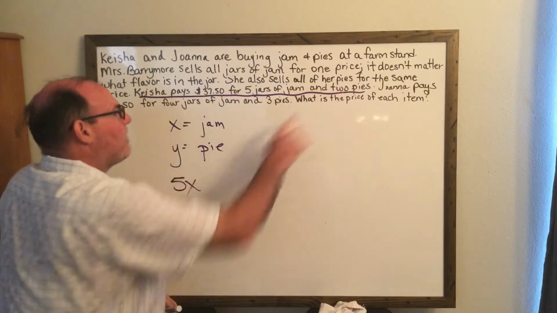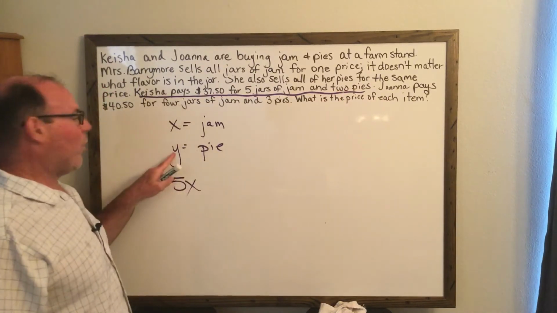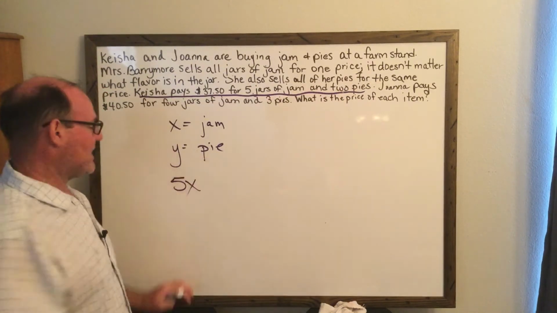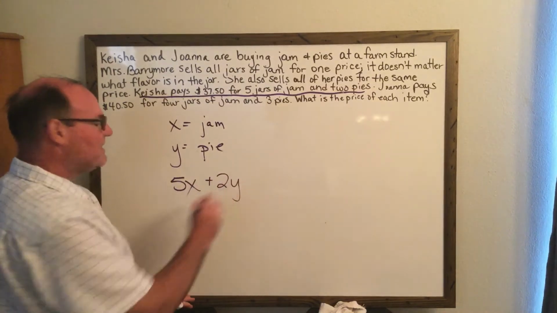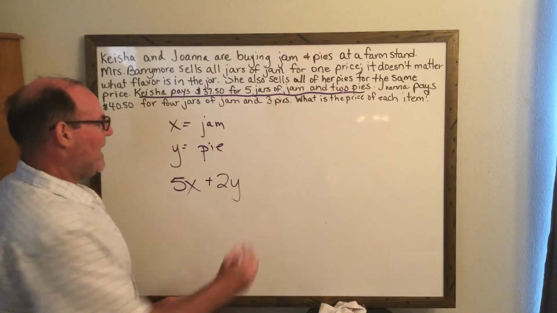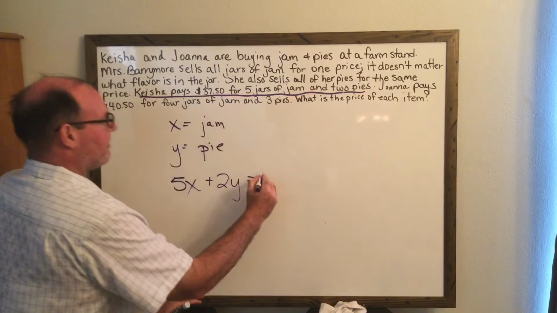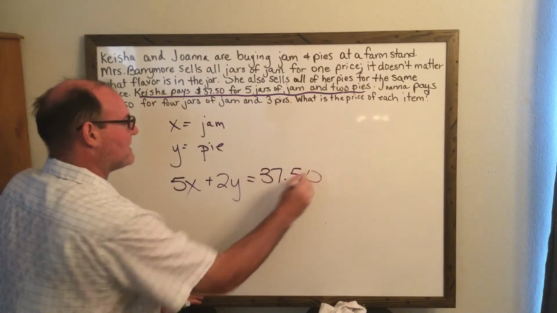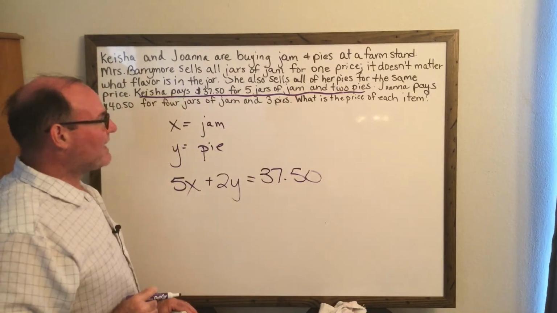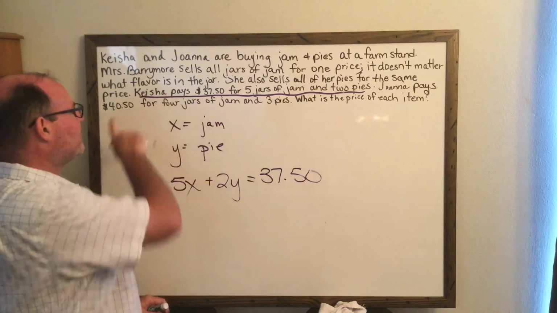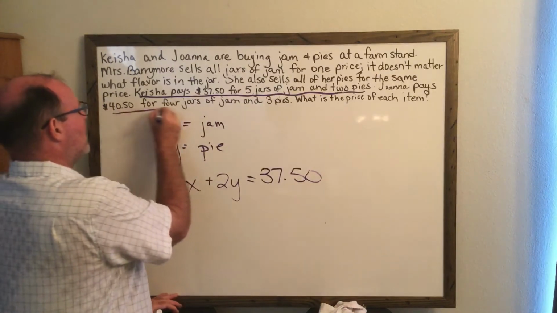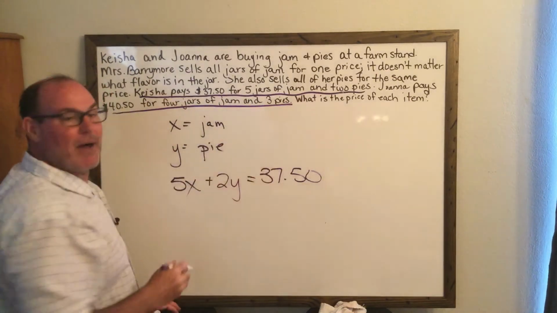And if y is the cost of 1 pie, then 2y is the cost of 2 pies. And that's going to equal the $37.50 that she paid.